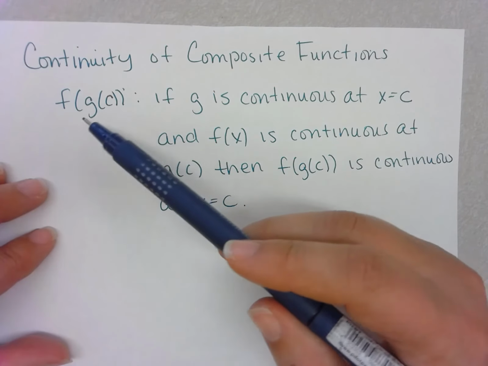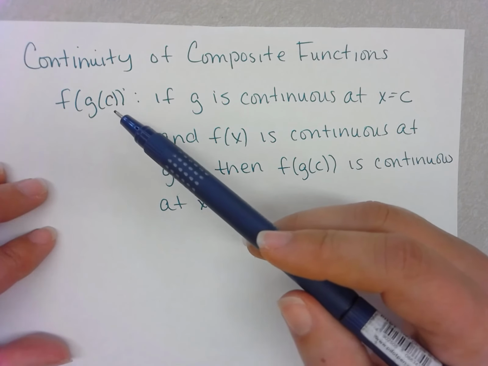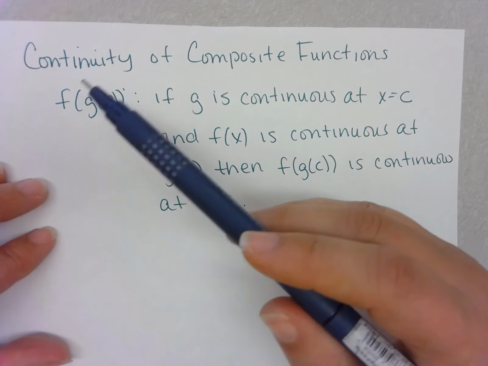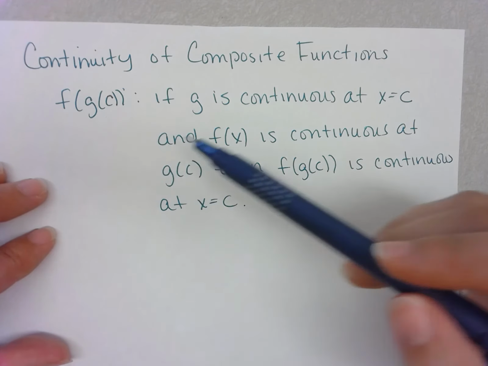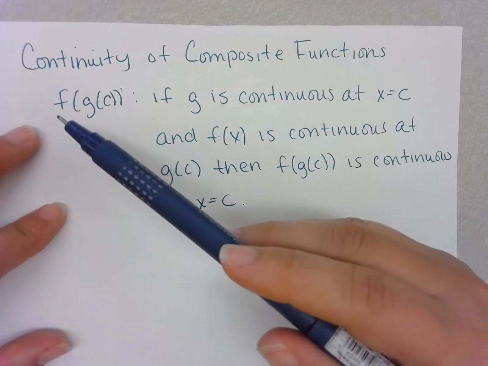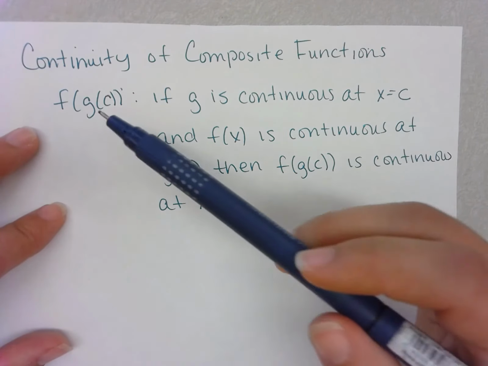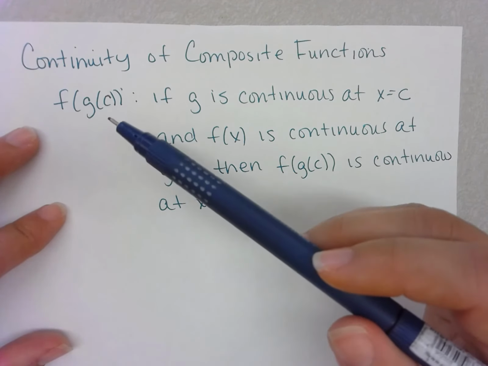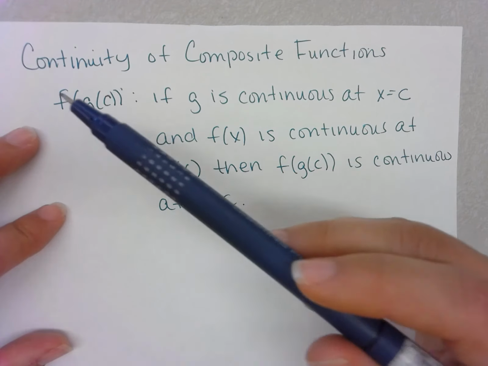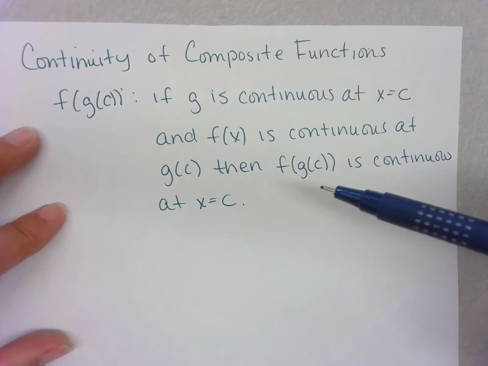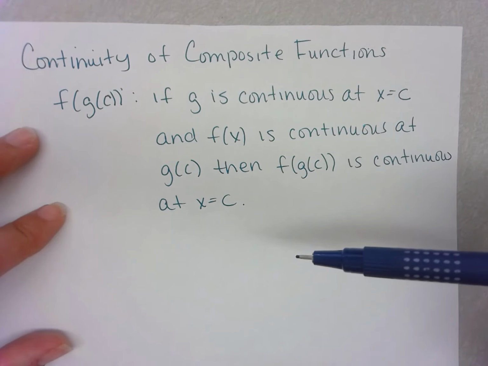So if g, the inside, is continuous at c, meaning it's defined and nice and smooth, and f is continuous at g of c, meaning whatever I get out when I plug c into g is part of the domain of f, then f of g of c is continuous at x equals c.